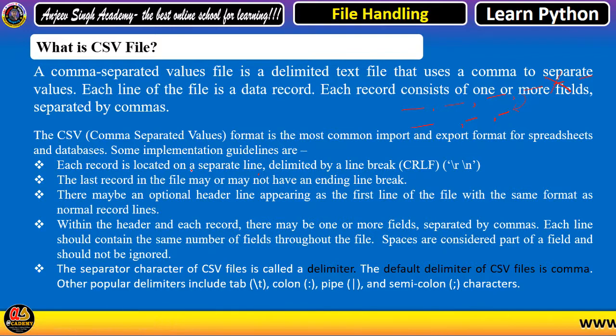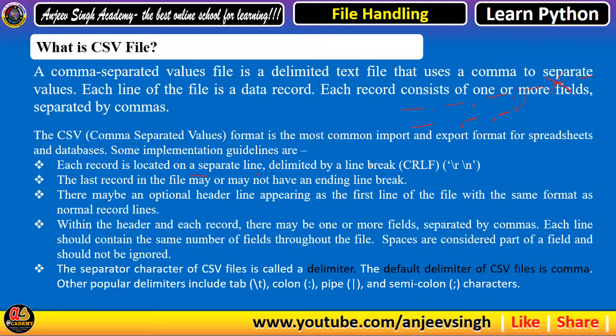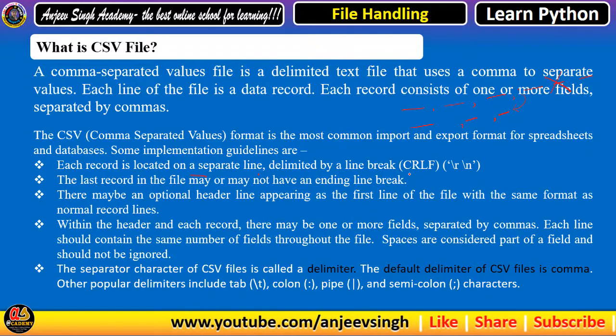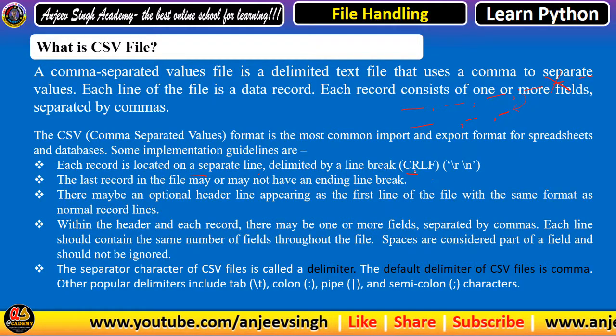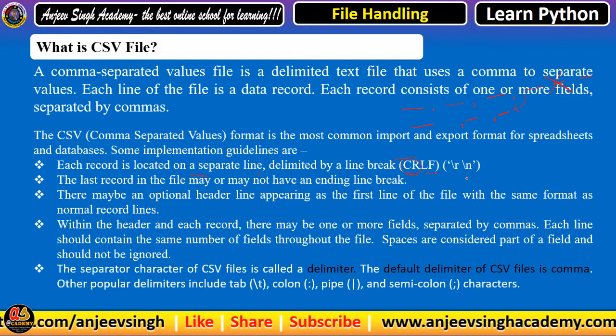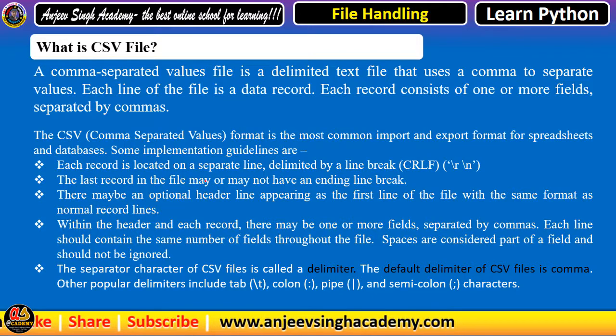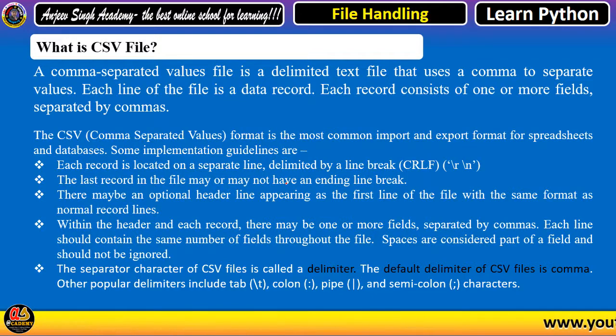Every record must be on a separate line, and every line is broken by a delimiter symbol called the line break, known as CRLF. CR stands for carriage return and LF stands for line feed. The last record in the file may or may not have an ending line break.